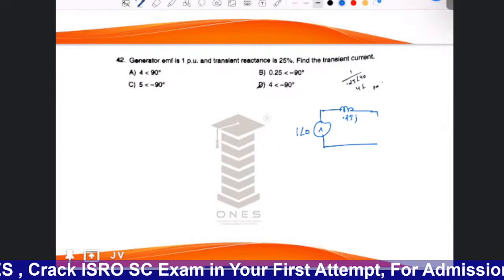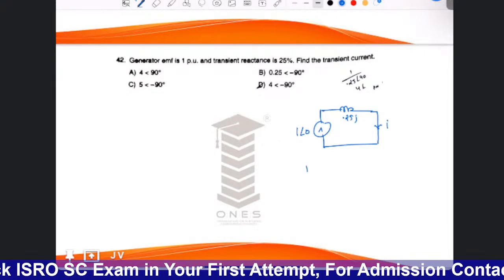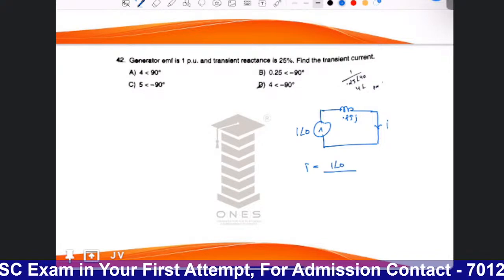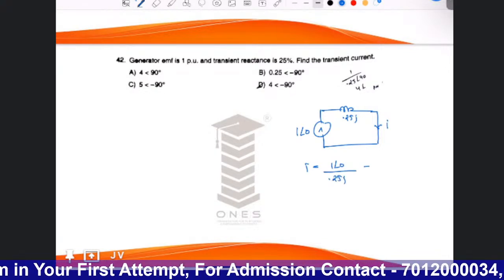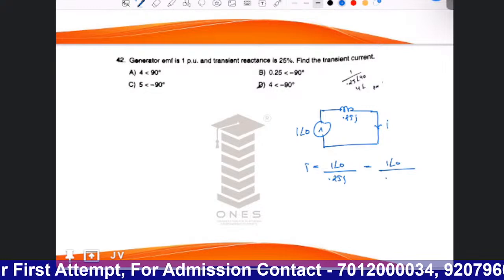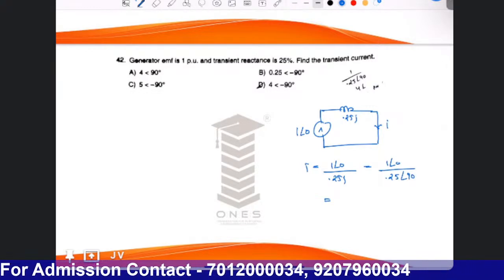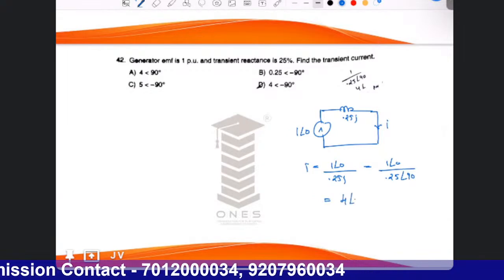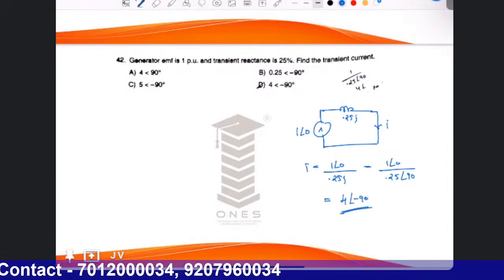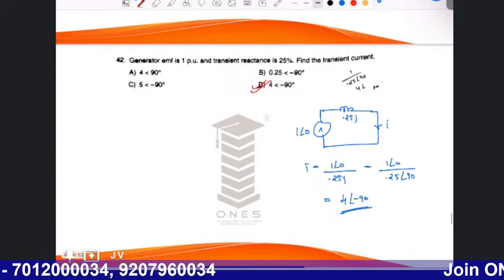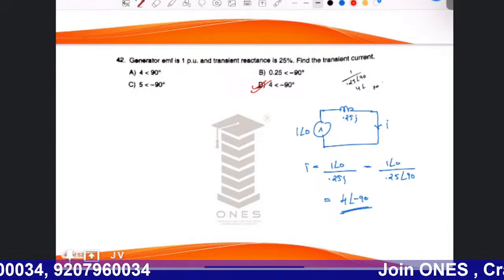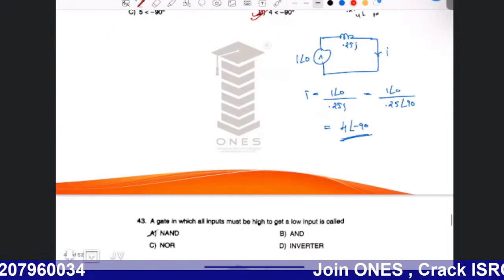You have to find the transient current I. So I will be 1 angle 0 by 0.25 j, or 1 angle 0 by 0.25 angle 90, or 1 by 0.25 is 4 angle minus 90. So here the correct option will be option D, 4 angle minus 90.